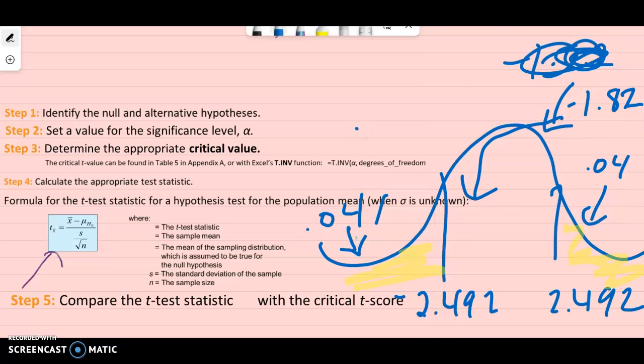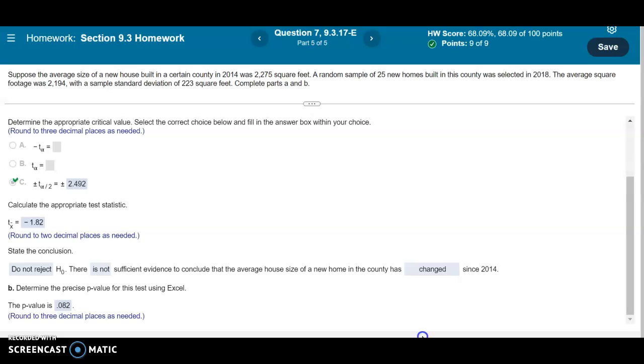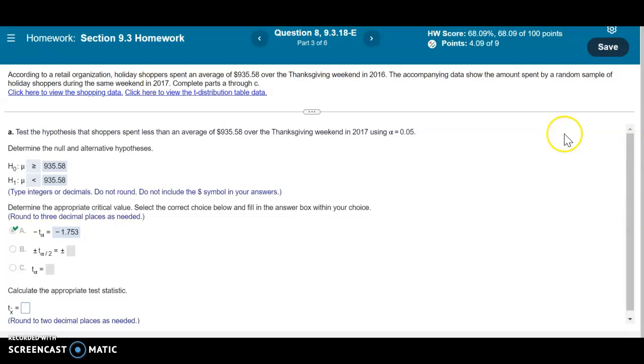So if I put those two together, or times 0.041 by 2, that would give me 0.082. I'm not sure why I can't get that one to work. I'm thinking I got it when I was working it, but hopefully that will get you started on questions 6 and 7.